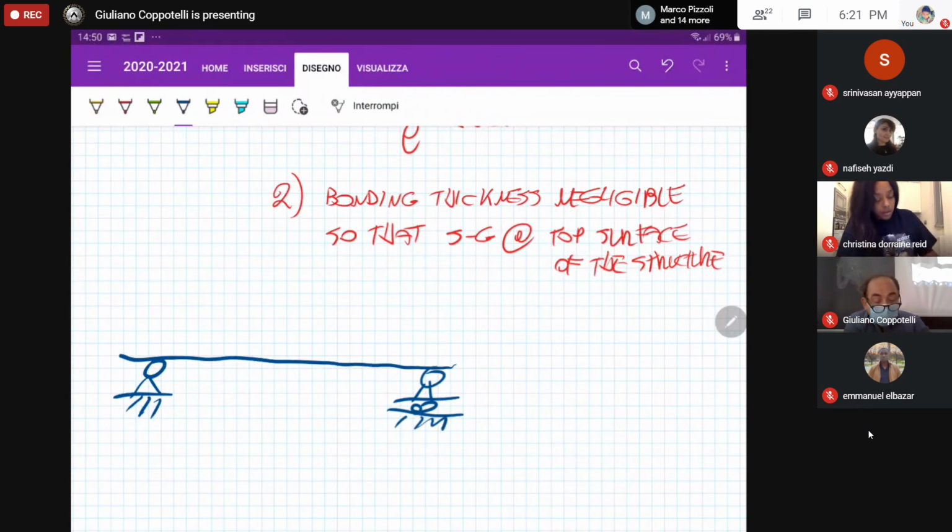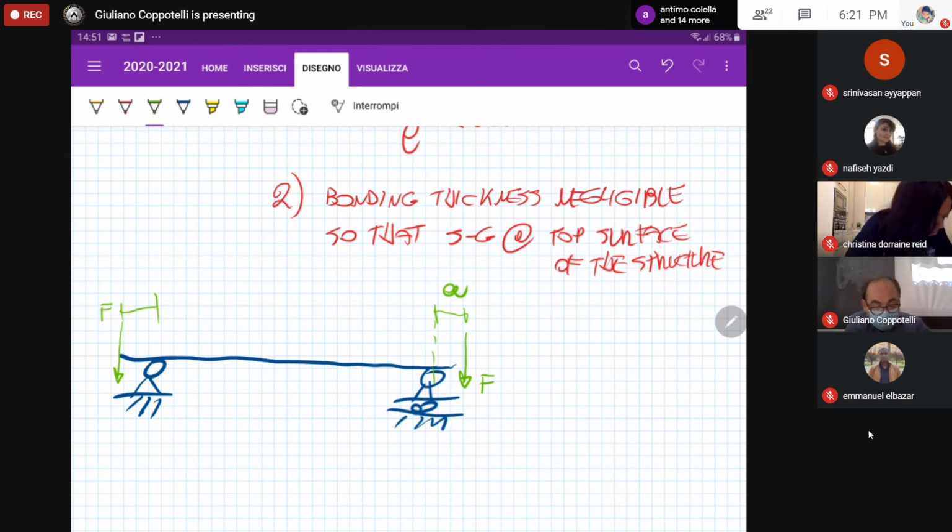In these beams, there is an external loading, force F, and F over here, so that both action lines are apart from the constraint setup by a quantity equal to A. The beam has a rectangular shape like this.